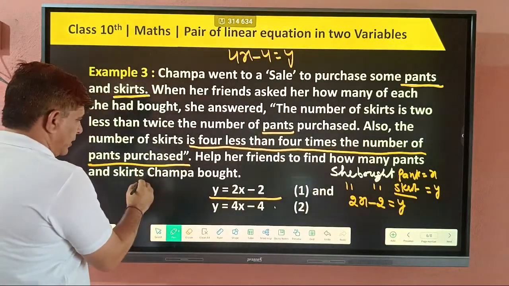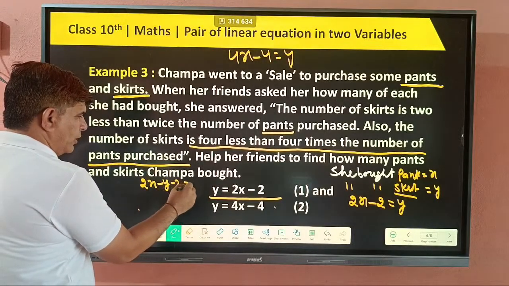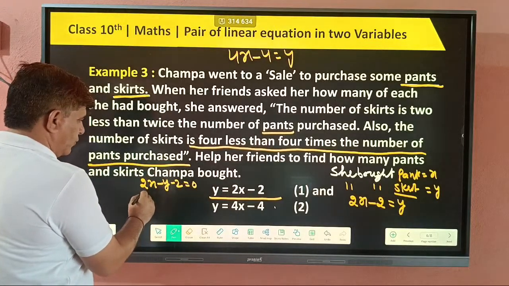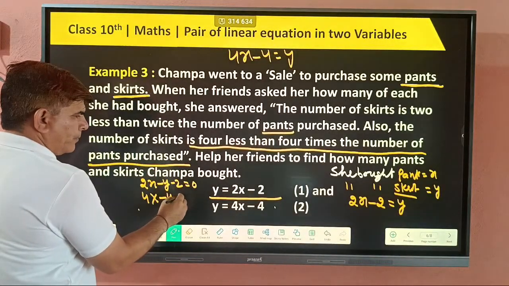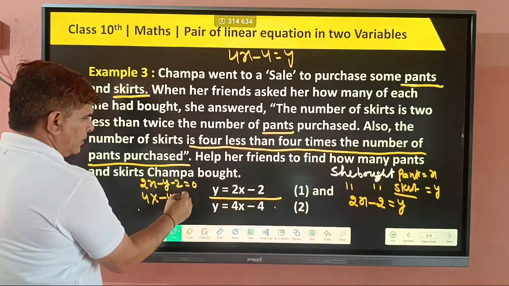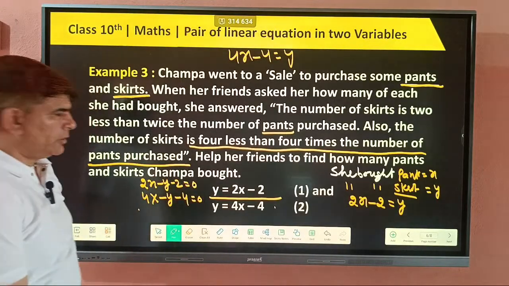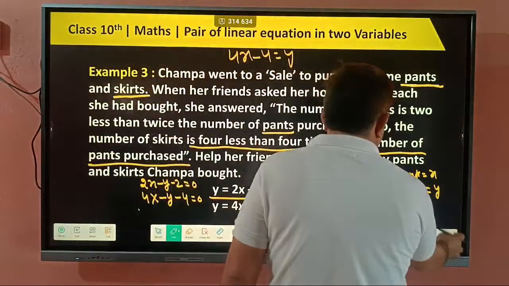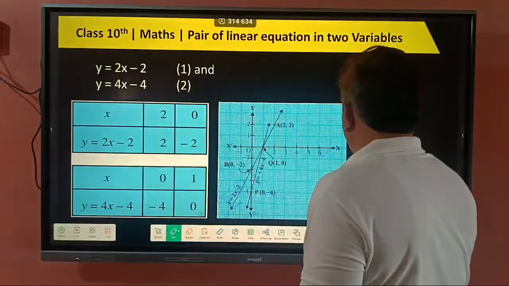So how can we write? 2x minus y minus 2 equal to 0, and 4x minus y minus 4 equal to 0. This we can write on the next page. Yes or no?